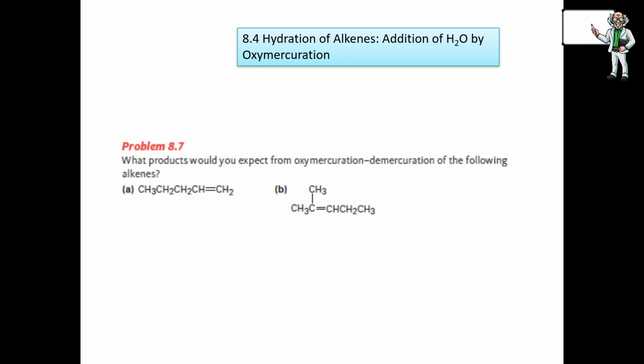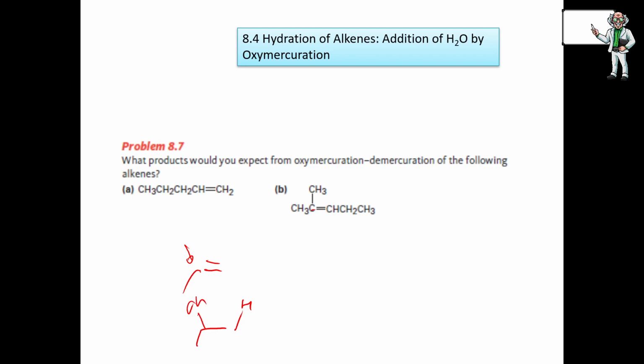Okay? For example, what product would you expect from oxymercuriation, demercuriation of the following alkenes? Well, in this case, what I expect is that this position of the double bond is more substituted. That means that I will expect OH here, hydrogen here. In this case, this position is more substituted.